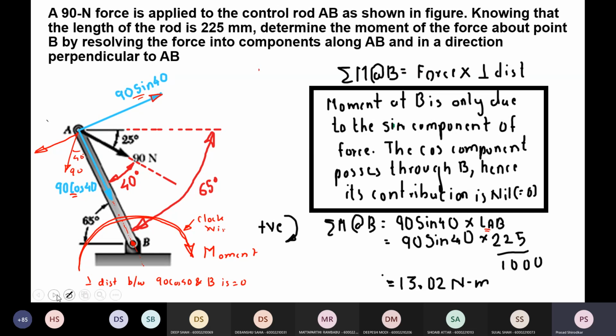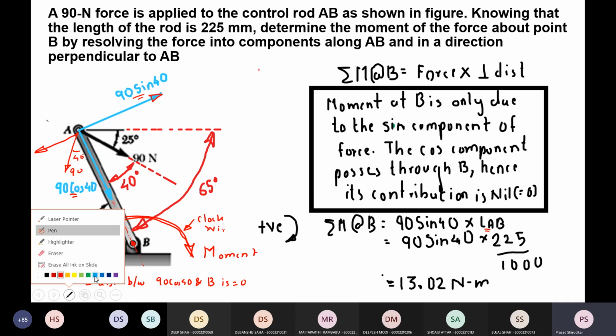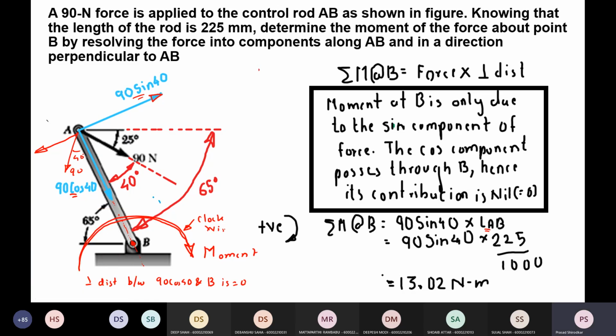Now this force will cause rotation in the opposite direction. Yes, in that case it will be counterclockwise or anticlockwise. Okay, sir. Any other questions?